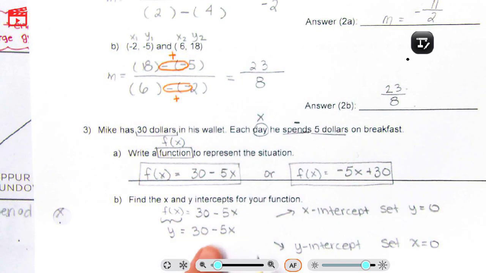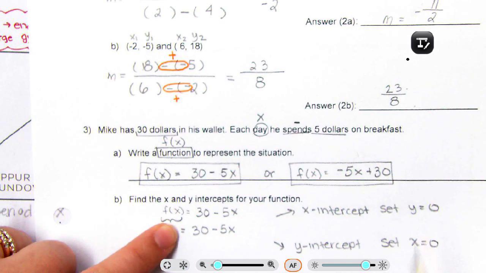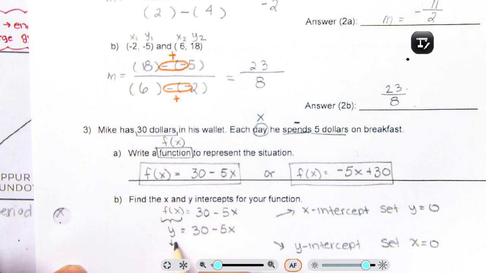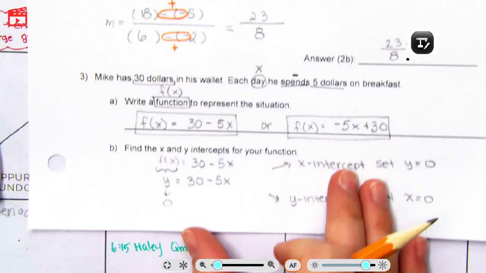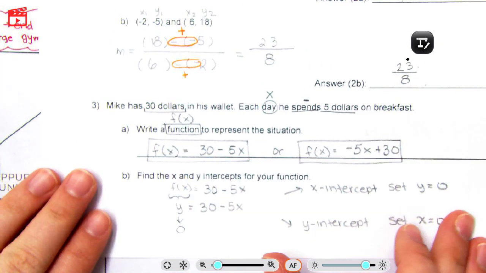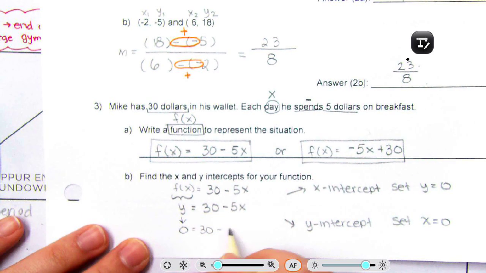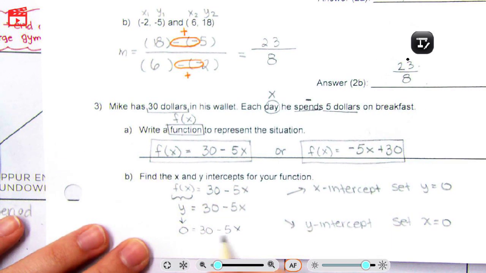I'm going to use the trick from number 1. If I want to set y equal to 0, I'm going to set y equal to 0. I'm going to move this paper up just a little bit. So this is 0 is equal to 30 minus 5x. I'm going to solve for x.